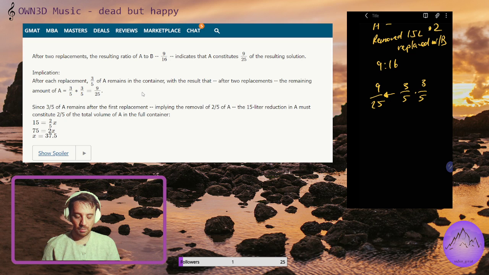Well, we're taking out 3/5. Actually, that doesn't quite work, does it? Because if you take out 3/5, then you've got 2/5 left of A. And now we take out 3/5 of the 2/5.